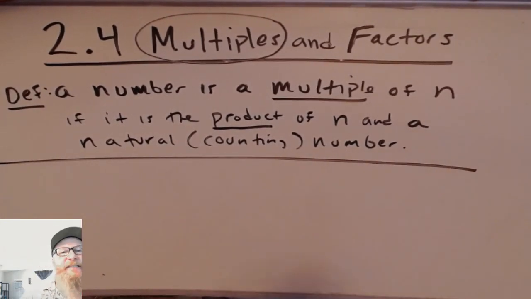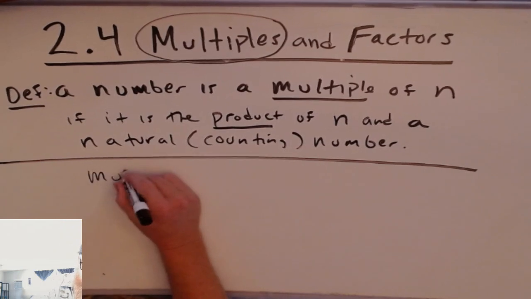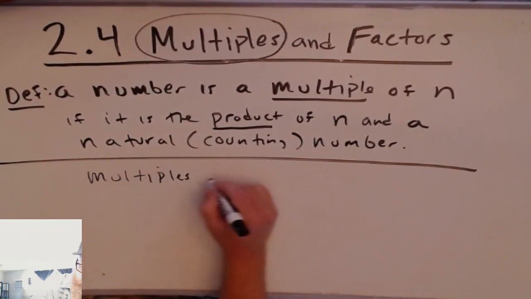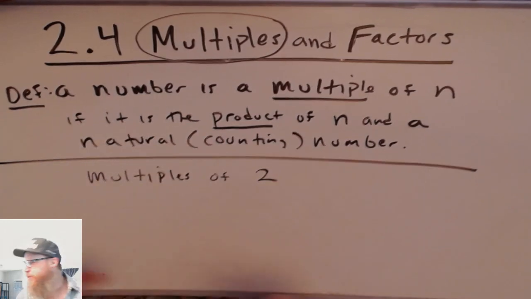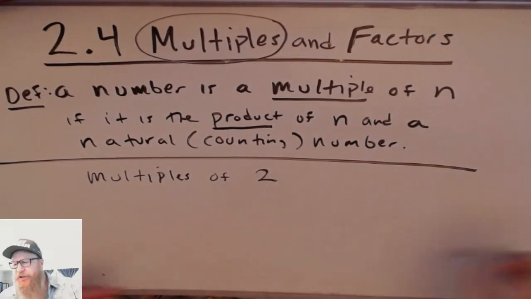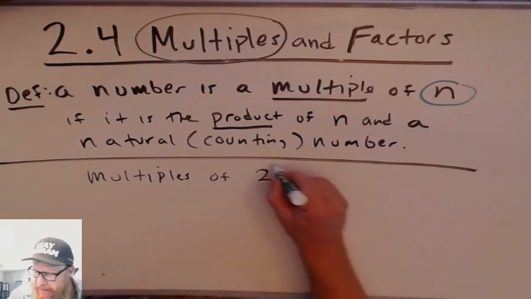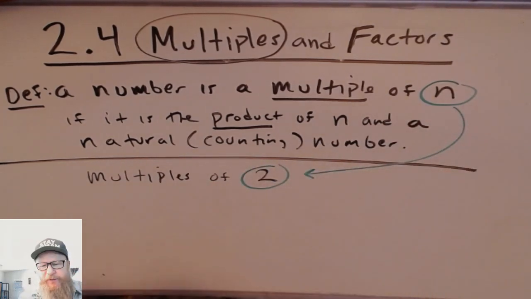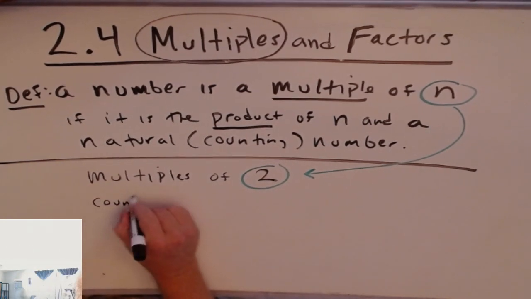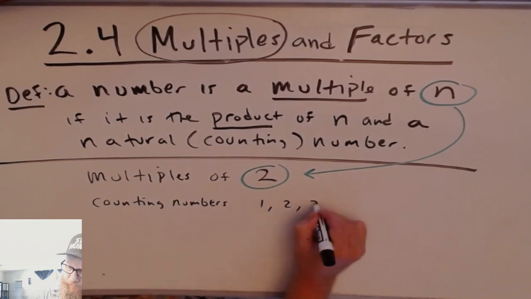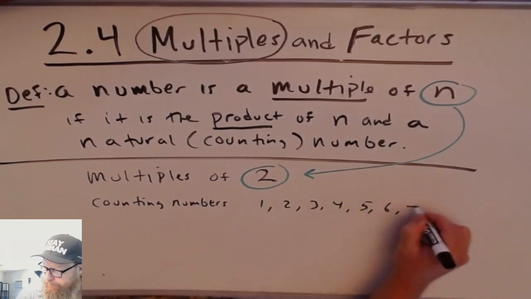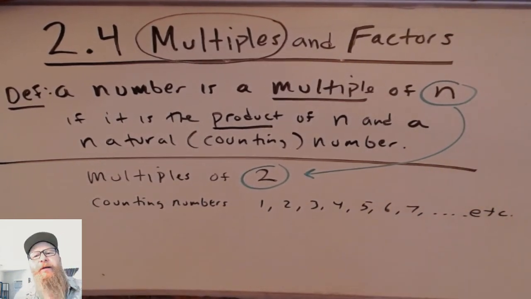Probably the easiest example is the multiples of 2. So again, in this definition, n in this case is 2. So for the multiples of 2, we take the counting numbers, also known as the natural numbers.